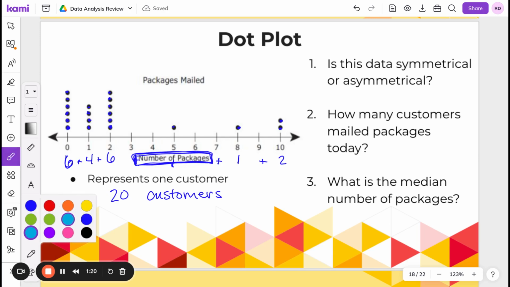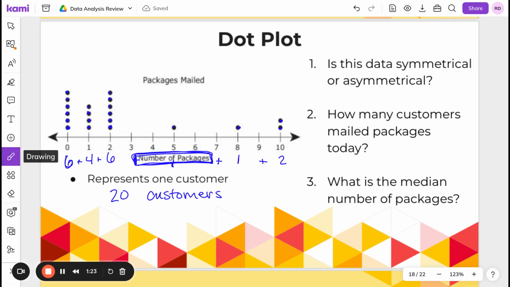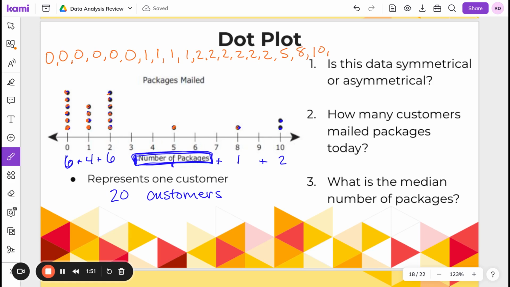So if we were to make ourselves a very long list to match this set of data, we have 6 zeros, 6 people with 0 packages, 4 ones, 6 twos, 1 five, 1 eight, and 2 tens. Okay, so each dot has the value of where it is on the number line. It just represents one customer with that many packages.